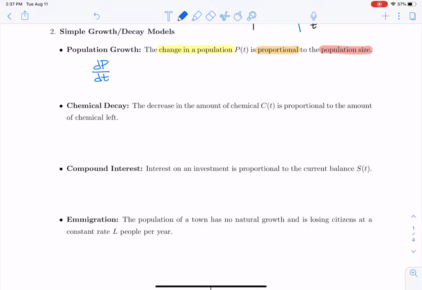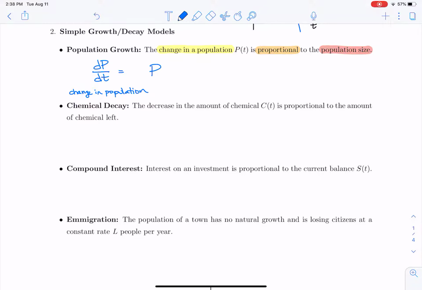So the change in population we're going to write as dP/dt. Now, that change in population is proportional to the current population size. So it's proportional to just P.